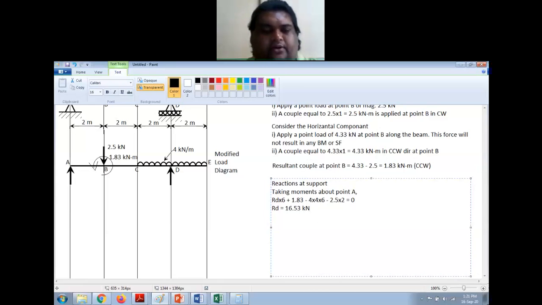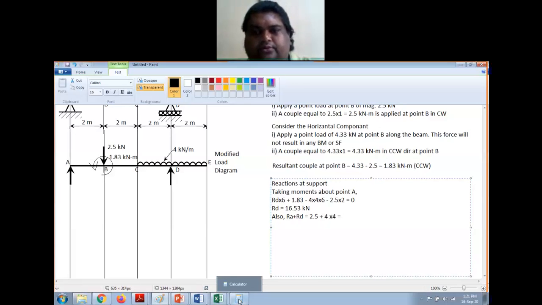Now we also need sum of all the forces equal to 0. Also RA plus RD, that is the upward force, that should be equal to 2.5 plus 4 into 4.